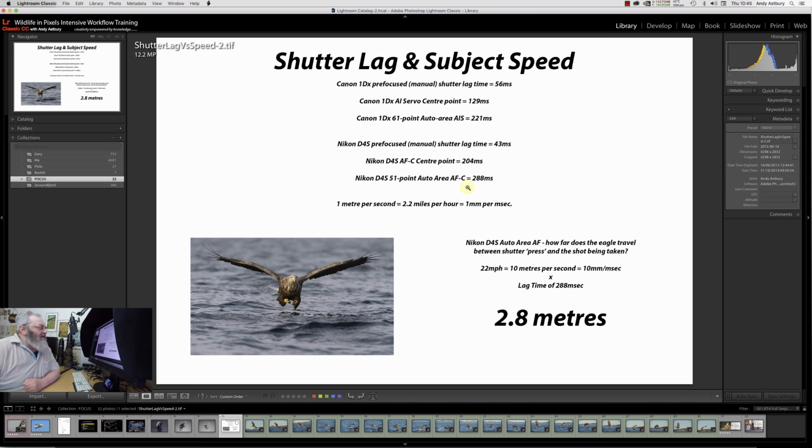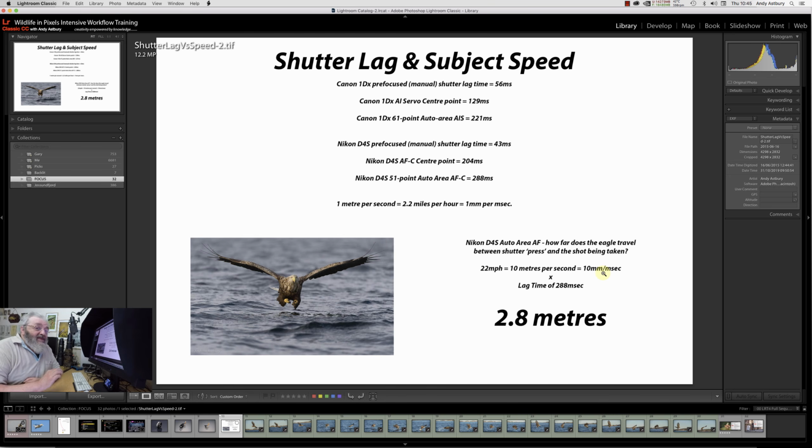Now then, if we take this whitetail seagull, which is in this case coming head on to the camera, really the hardest thing to do for your autofocus system is keeping up with that. That bird's doing about 10 meters a second. That's roughly the average speed at which a whitetail seagull cruises, which is 22 miles an hour, which is 10 millimeters per millisecond.